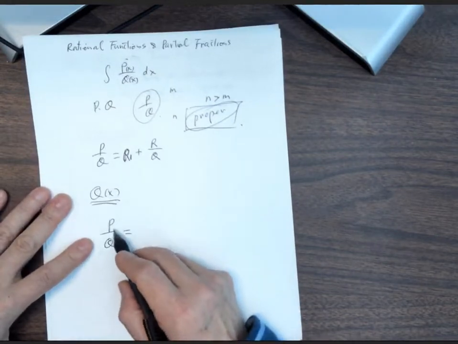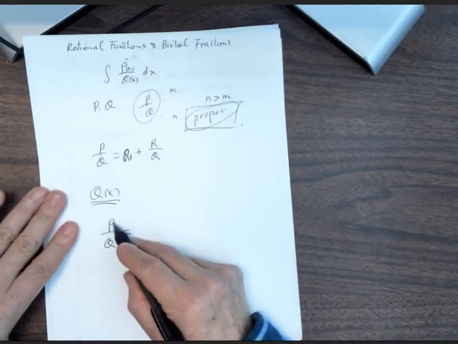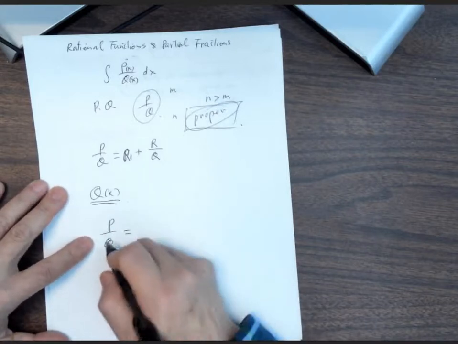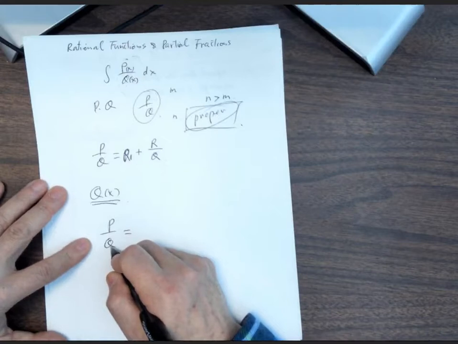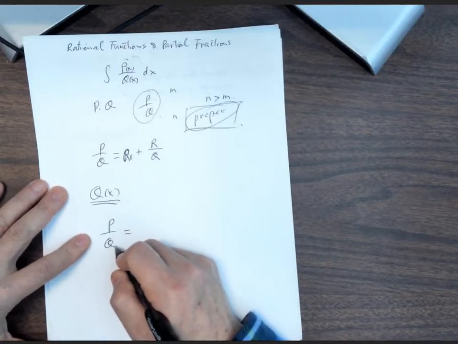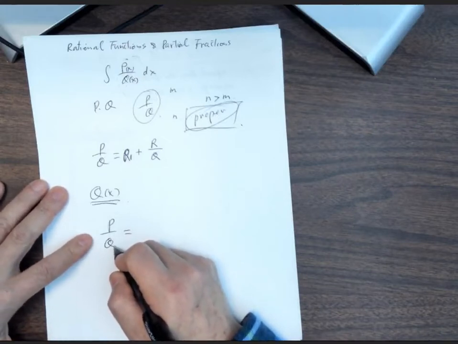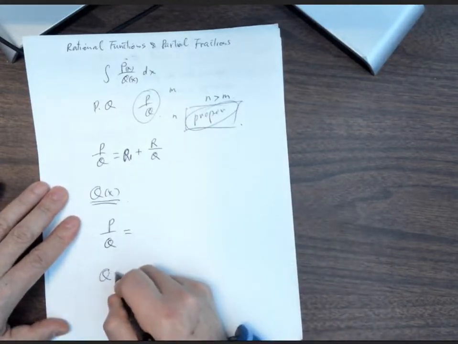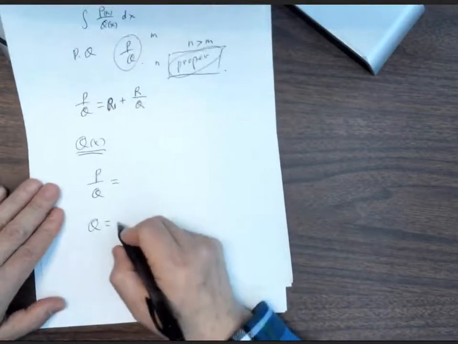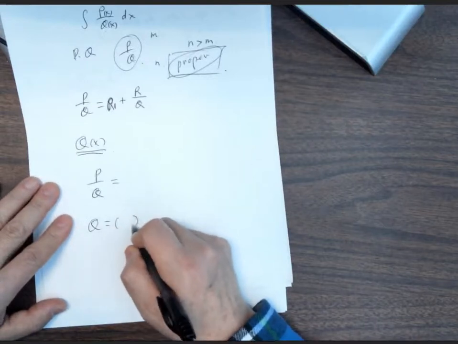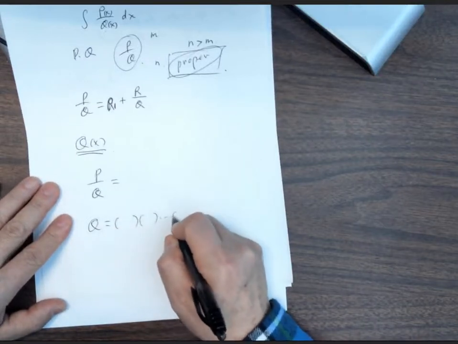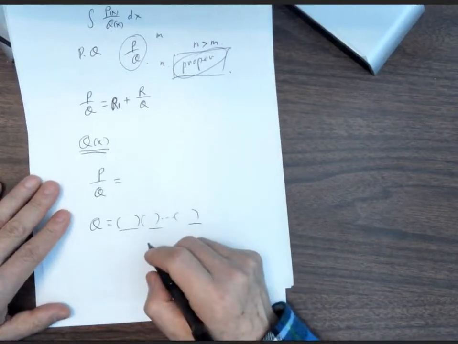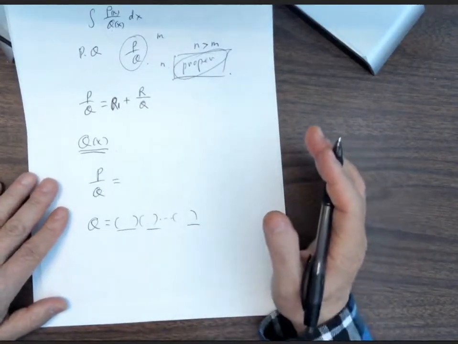How we decompose a fraction as a sum of simpler fractions depends on the factors the denominator contains. The denominator is a polynomial. In algebra, any polynomial can be factored as a product of first order factors or second order factors.